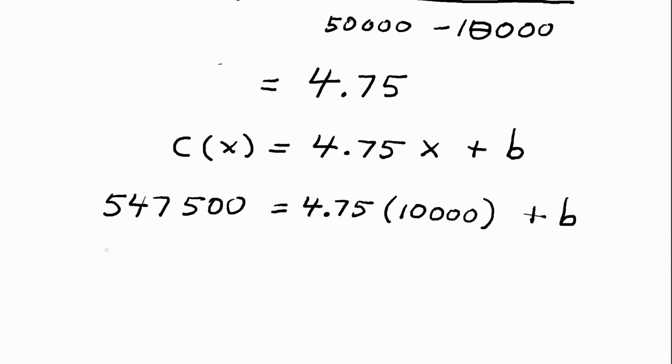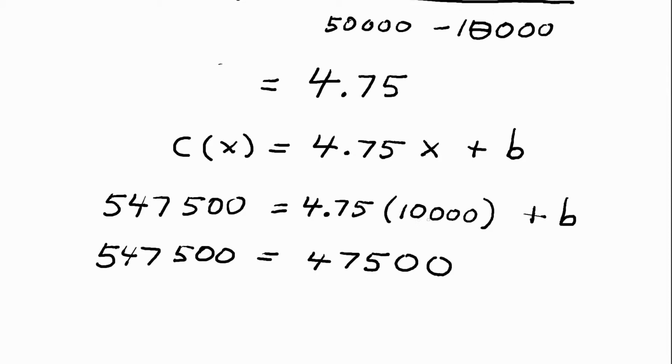Okay, so I'll do some calculations now. So this is equal to 4.75 times 10,000, so 7, 5, 1, 2. How far do I move that over? There's 3 zeros, so I'm going to be going 4. 1, 2, 3, 4. Okay, so that's correct. Plus B.